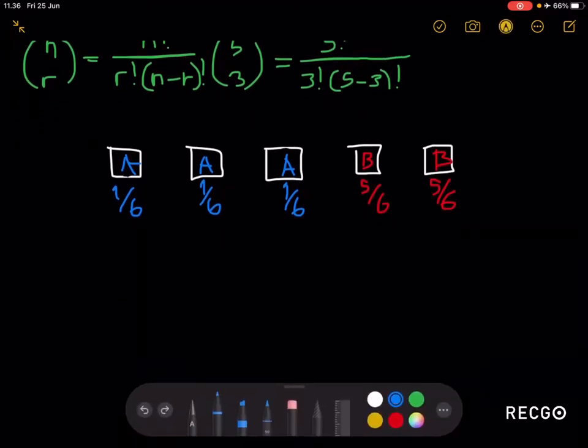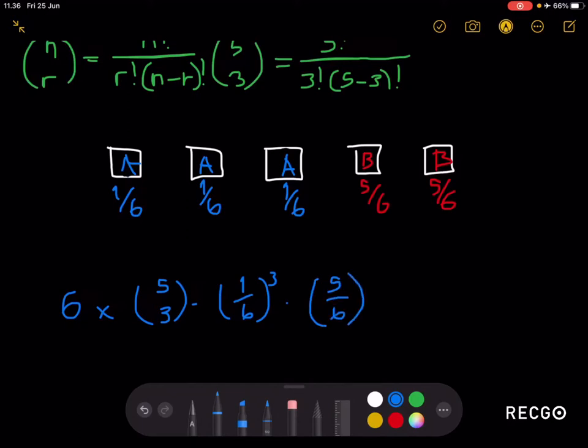So our ending expression will look something like this: 6 times our binomial coefficient 5 choose 3 times, since there are three 1/6's, 1/6 cubed times 5/6 squared. And then I will leave you to calculate this on your own.